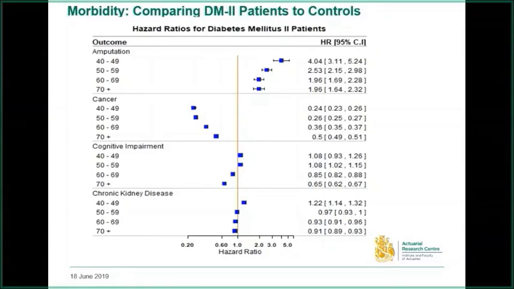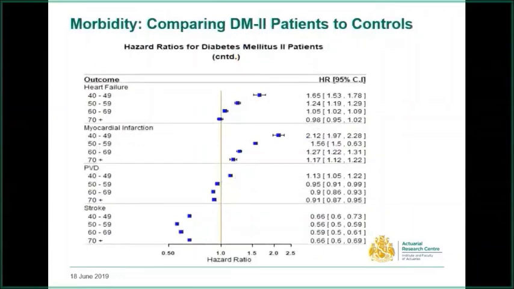Now, if we look at the cardiovascular diseases, we see the same trend as on the previous slide: the earlier one gets diagnosed with diabetes mellitus 2, the higher the risk of heart failure, myocardial infarction, PVD, and stroke. The hazard ratios for stroke are very low, which means that controls are at a higher risk of being diagnosed with stroke compared to those with diabetes mellitus 2.